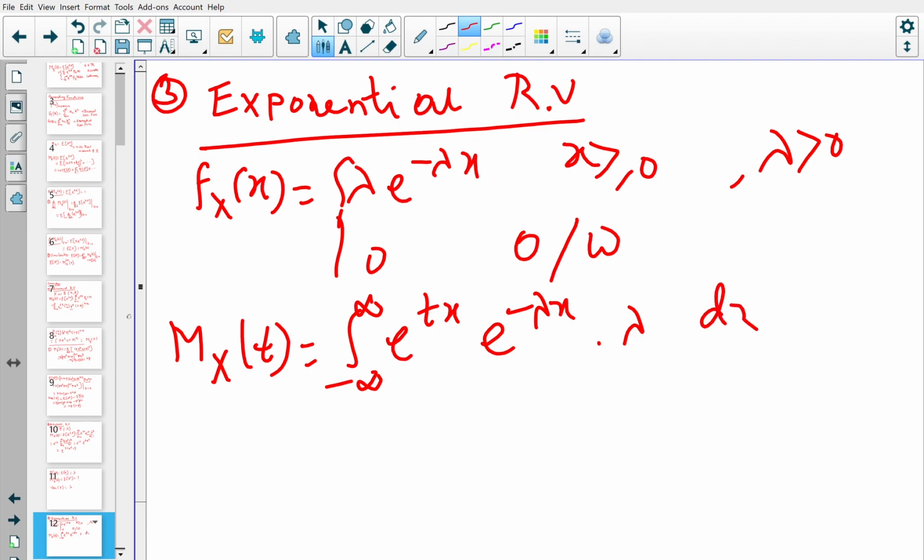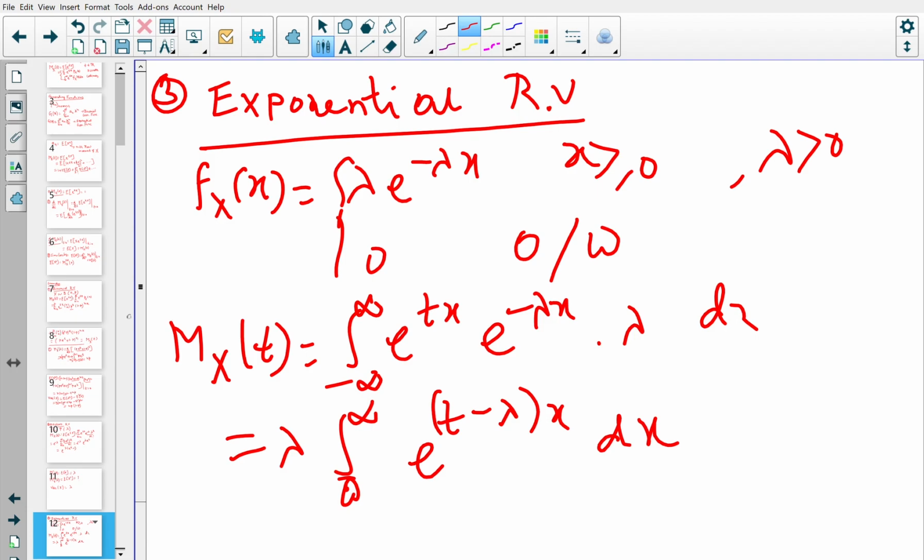Then this is written as lambda times the integral from 0 to infinity, because from minus infinity to 0 the PDF becomes 0, so the support of the function is 0 to infinity, and then we will have e power t minus lambda times x dx, right? Now we need to do this integral. Now you check that this integral may not always converge. Now under what cases this integral converges, that we already discussed in the class.